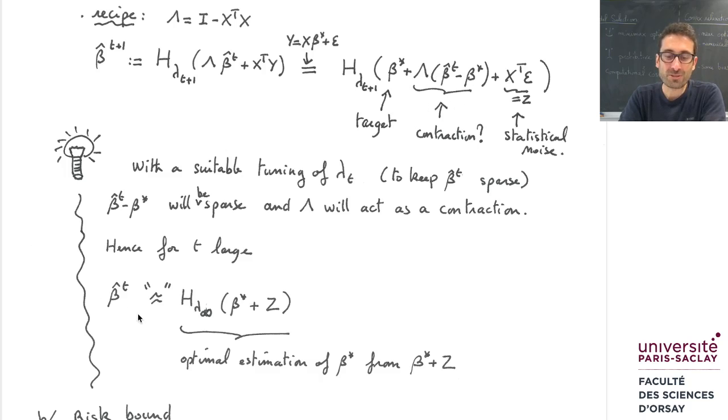Then for t large, beta at t, when t goes to infinity, behaves more or less like the hard-thresholding operator applied to beta star plus z, where z is this noise term here. And this would correspond to the optimal estimation of beta star from the observation beta star plus z. So you see that this makes sense.